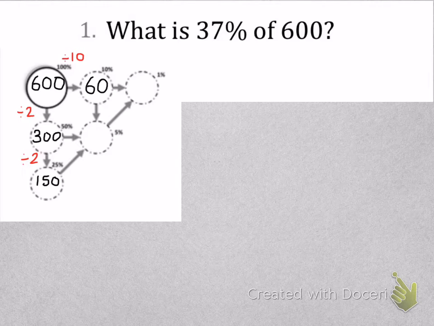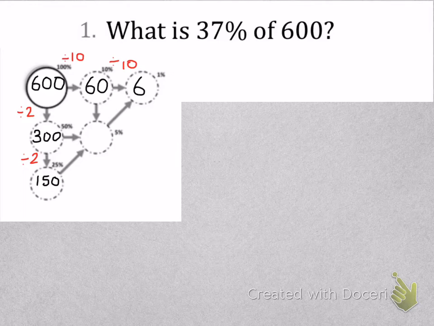That's a tenth of 600, or 10% of 600. My next value along this line is 1%. 1% is a tenth of 10%. So again, I notice that all across this line I have to divide by 10. Easy calculation again. 60 divided by 10 is 6.